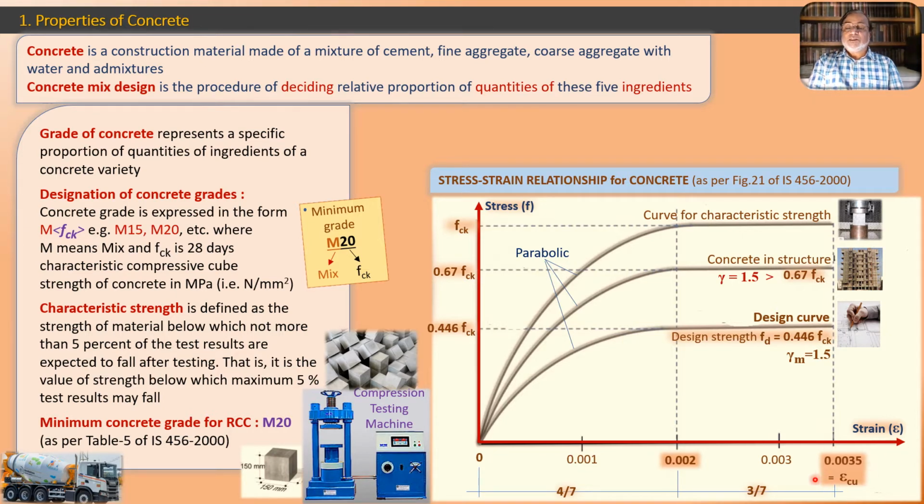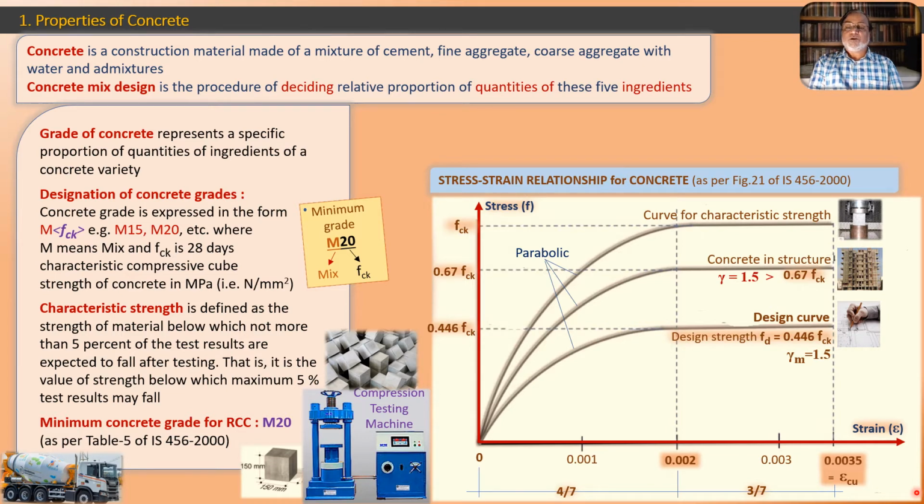This is the last value of strain on the strain axis, 0.0035, and we are calling that value epsilon Cu. This is the symbol used by the IS code itself, and the meaning of this symbol is: epsilon for strain, C for concrete, and U for ultimate.